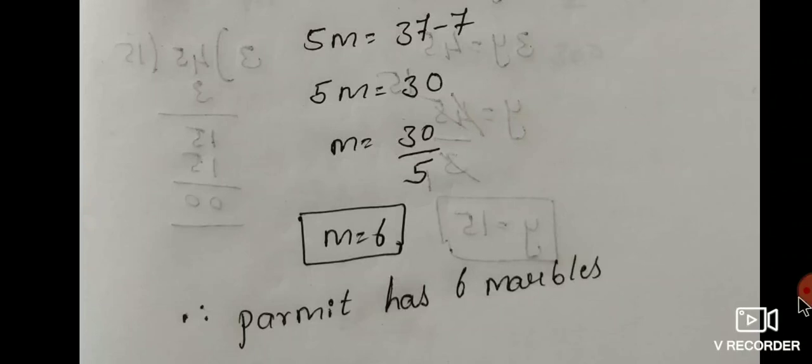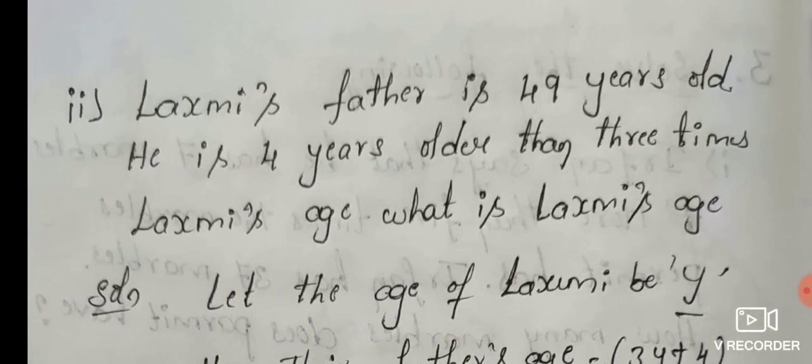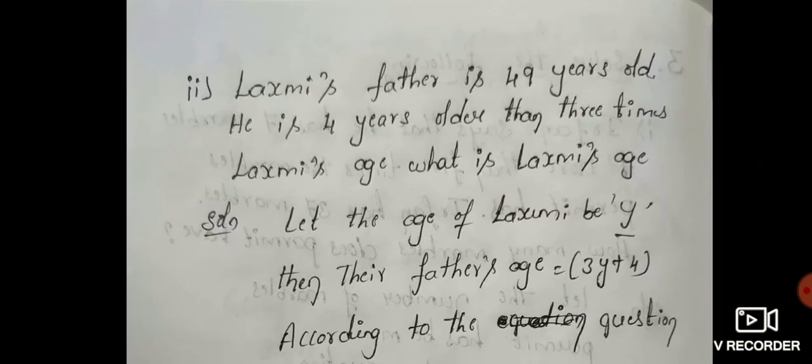Yes. Next, second one. It's very easy, but you should understand clearly, then it's easy to find the value of the unknown variable. So here they given that Lakshmi's father is 49 years old.